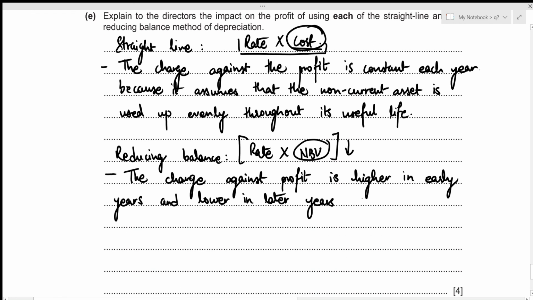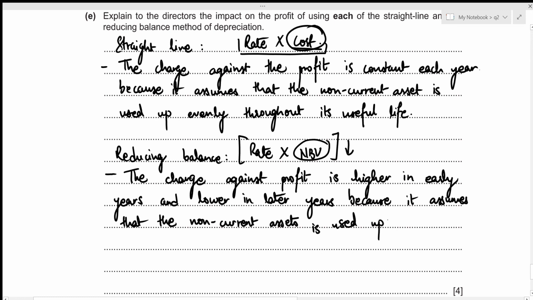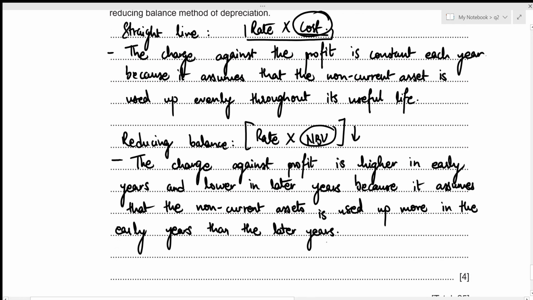Because it assumes that the non-current assets is used up more in the early years than the later years. Alright, this concludes the fifth part of this question as well as the entire question.